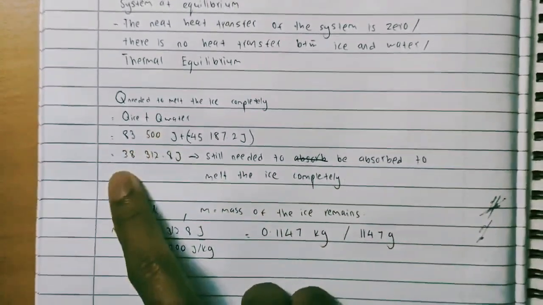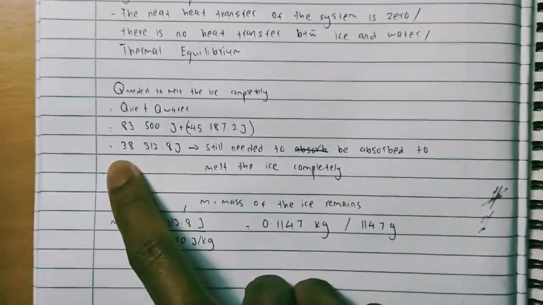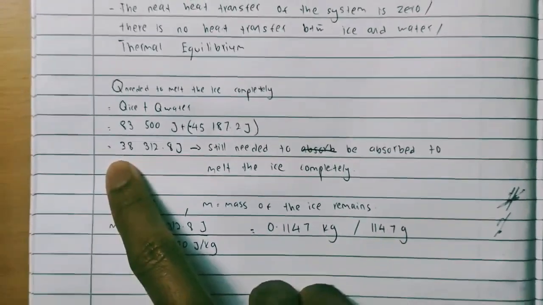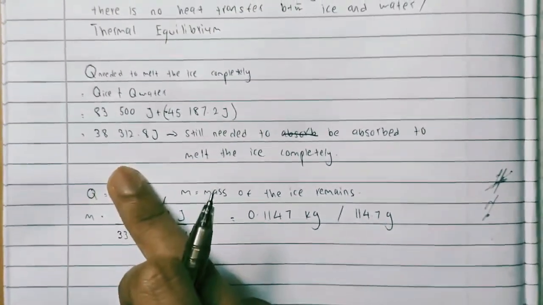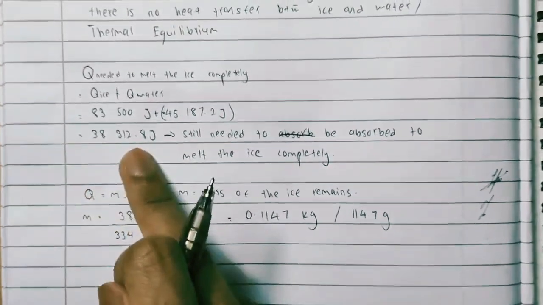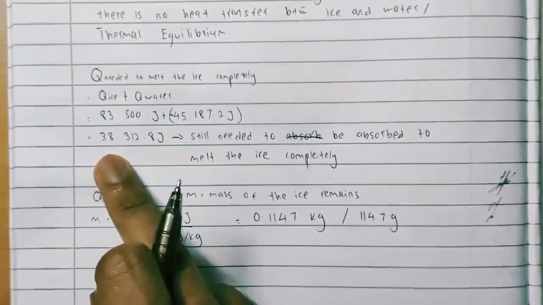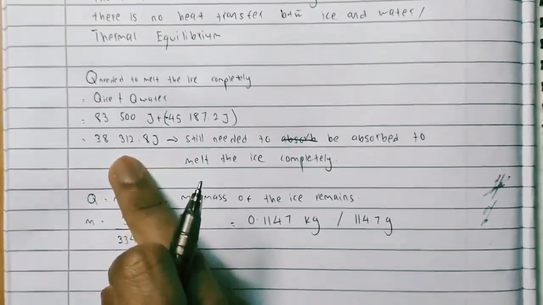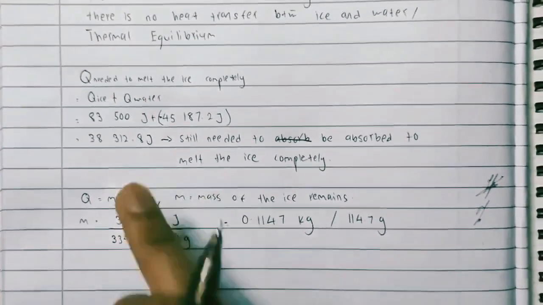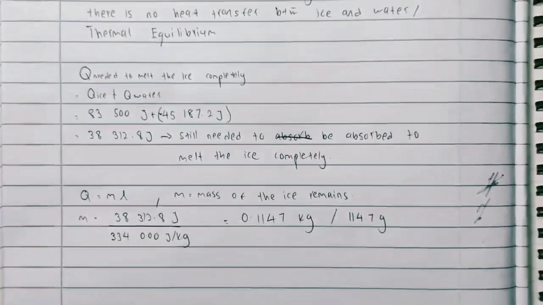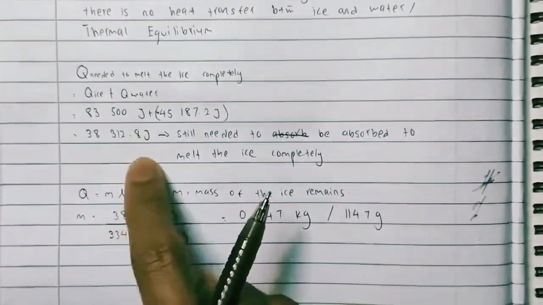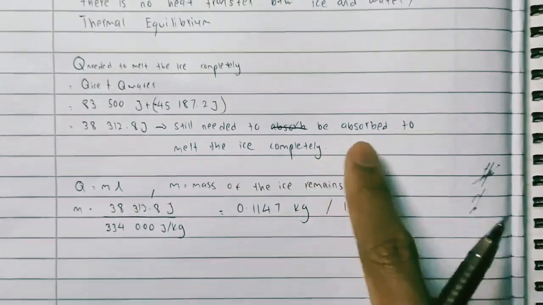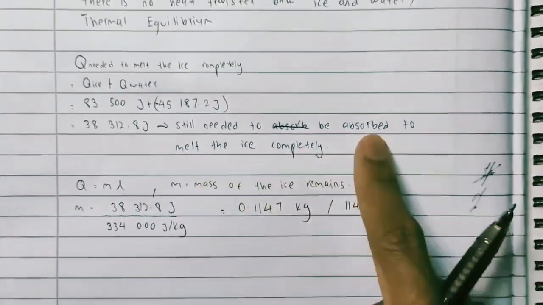So the answer from Q ice plus Q water, we get 38,312.8 joules, which means the ice still needs this amount of heat to be absorbed to melt completely.